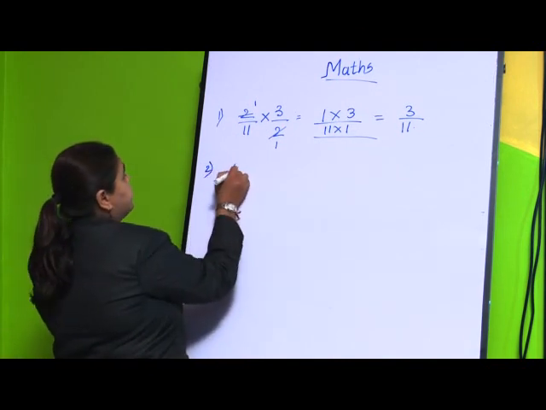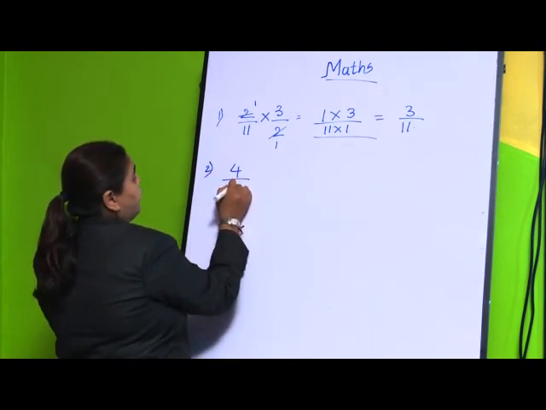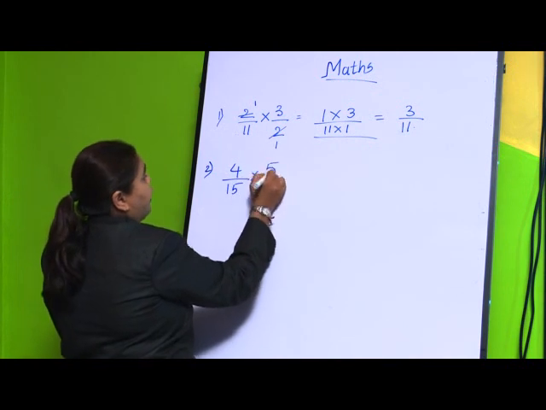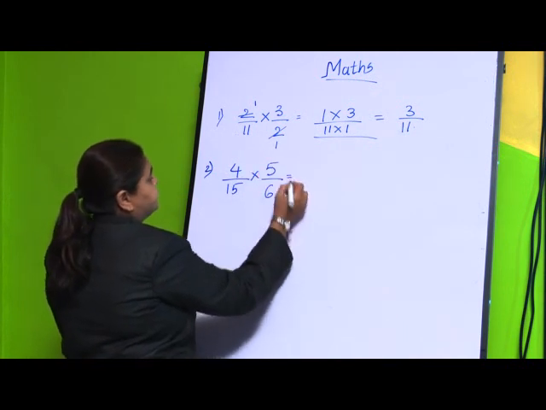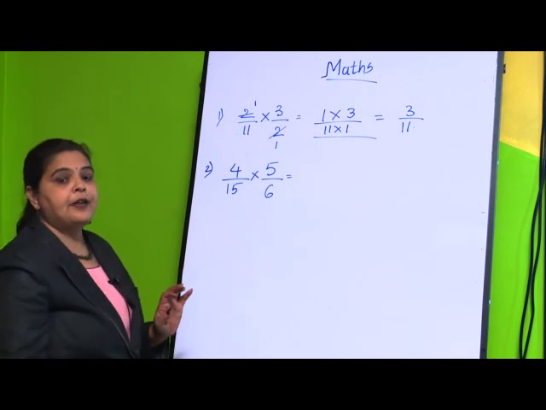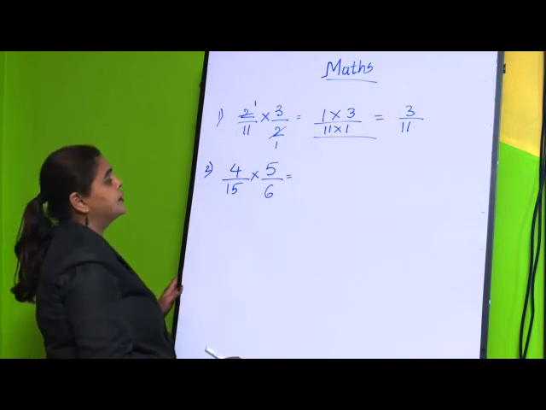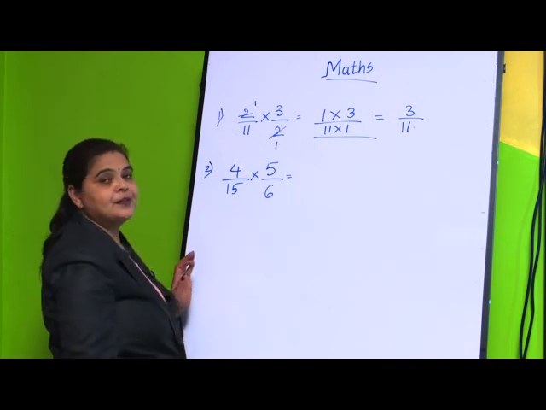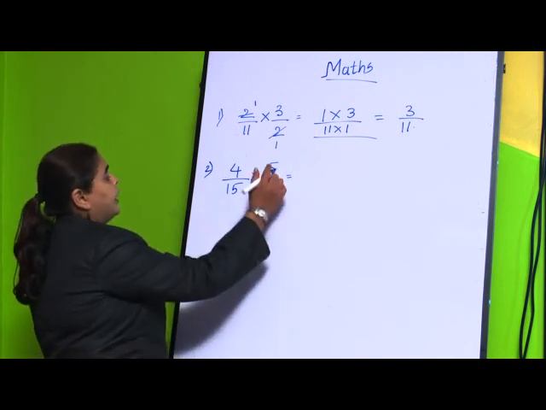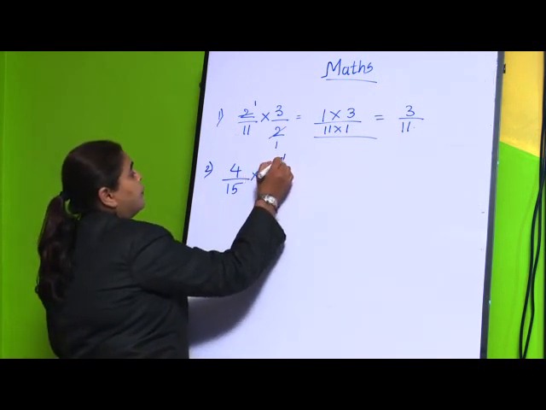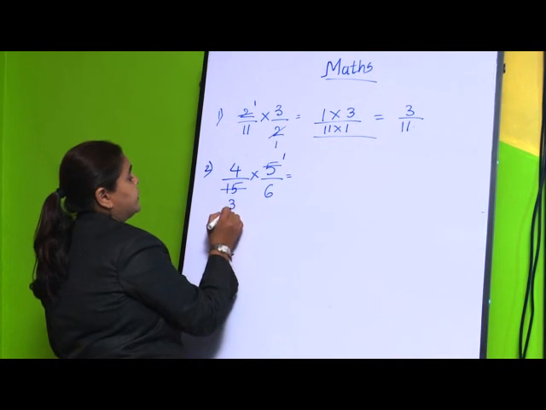Second example we will see: 4 upon 15 multiplied by 5 upon 6. Will anybody help me how to solve this? Is it possible to reduce? Yes, you are right. We can reduce here, 5 ones are 5, 5 3s are 15.